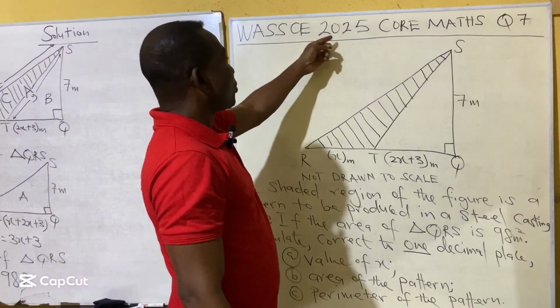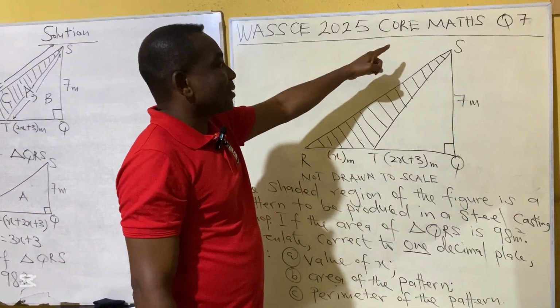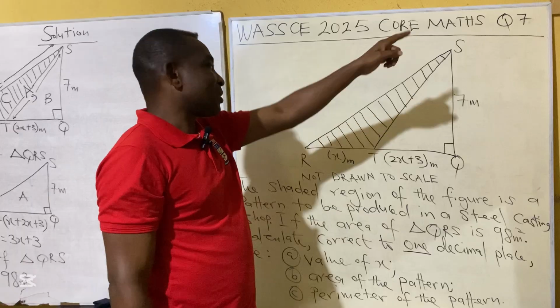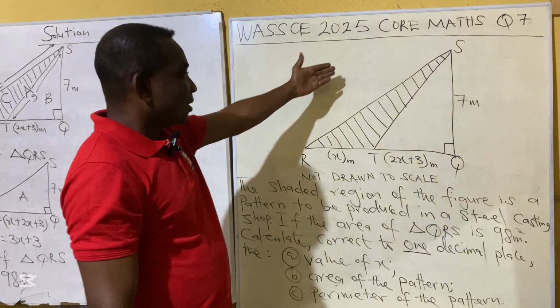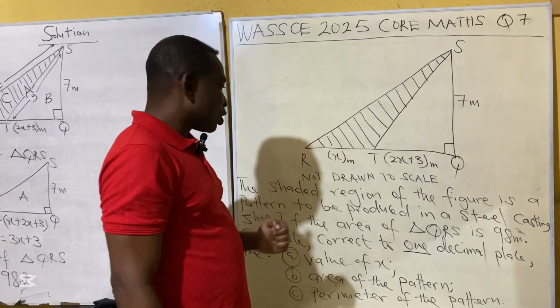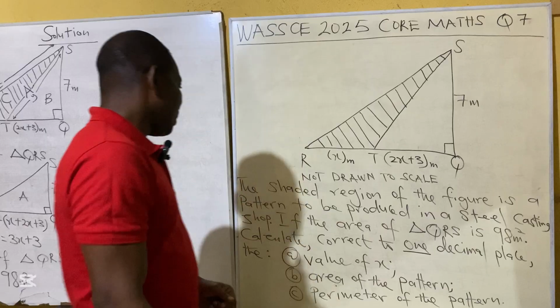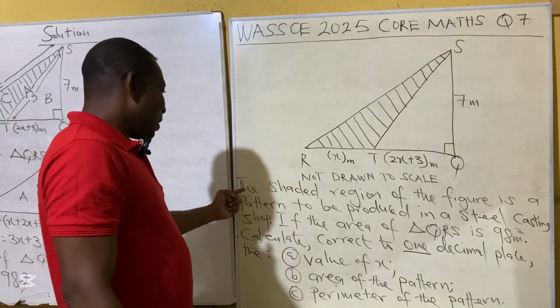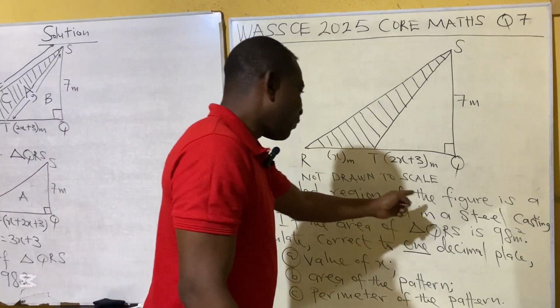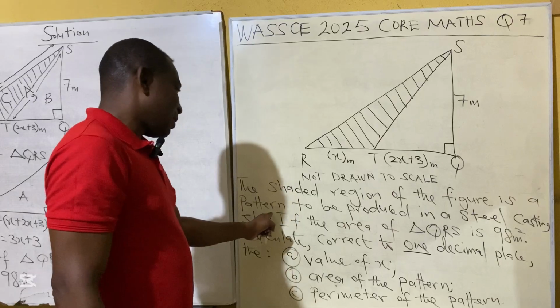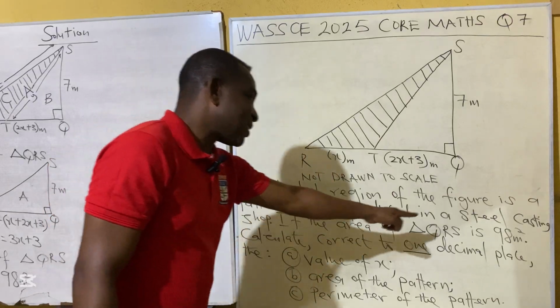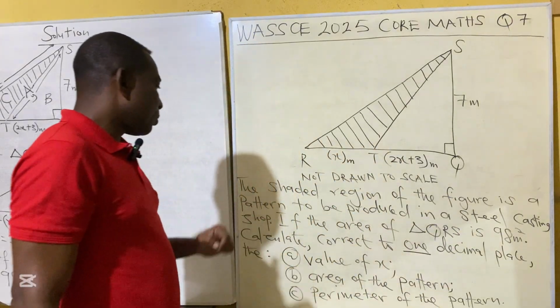WASSCE 2025, Core Mathematics, question number 7. We have this diagram, which has not been drawn to scale. It says that the shaded region of the figure is a pattern to be produced in a steel casting shop.